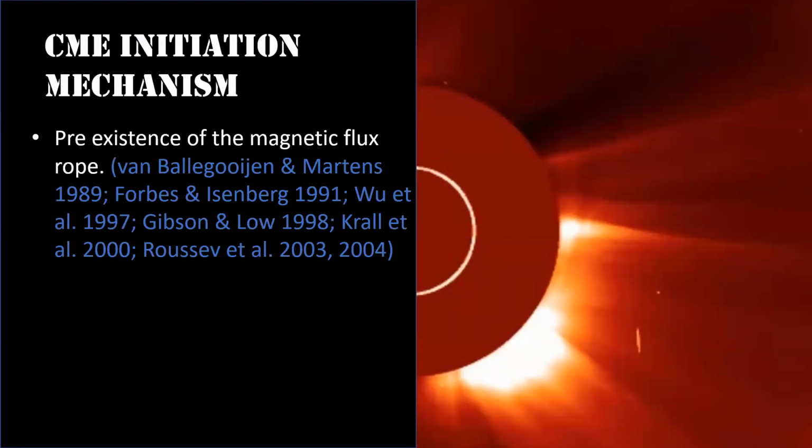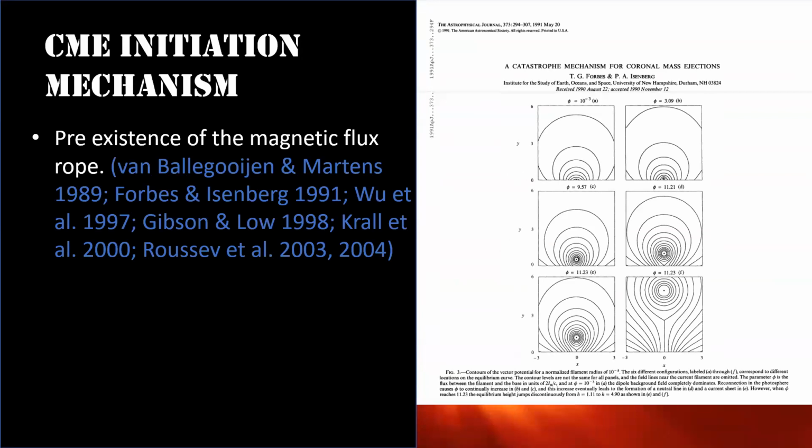There are primarily two schools of thought. One says that there is a pre-existing magnetic flux rope in the solar atmosphere, and when it gets destabilized due to photospheric motions as well as some instability, it erupts into the solar atmosphere. Some of the pioneering works are by Forbes and Isenberg, where there is an existing flux rope, and due to some instability it moves upward in the solar atmosphere.